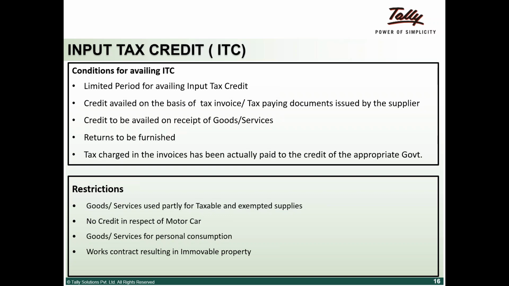There are exceptions in very few cases, for example somebody running a transportation business will be able to take input credit. Otherwise, motor cars will not be entitled to input credit. For goods and services for personal consumption, you will not get ITC. Works contract resulting in an immovable property, like when I call a contractor and tell him to construct a factory building, I will not be able to get an input credit.